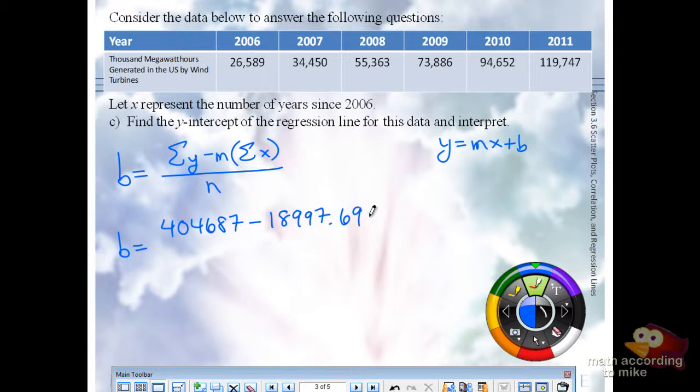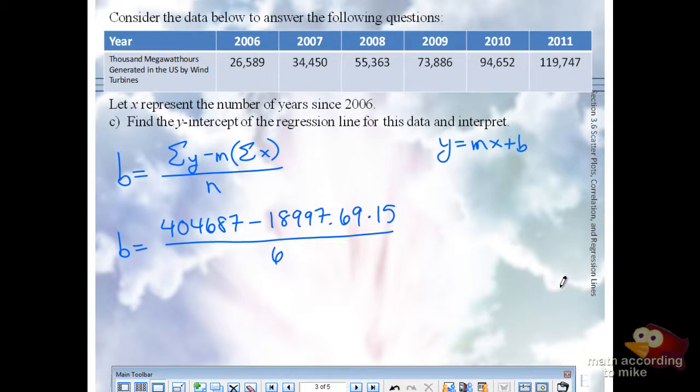Times the sum of the x's. What was the sum of the x's? 15. Divided by n. What's our n here? 6. If you're going to do this in one fell swoop, you need parentheses. Very good.